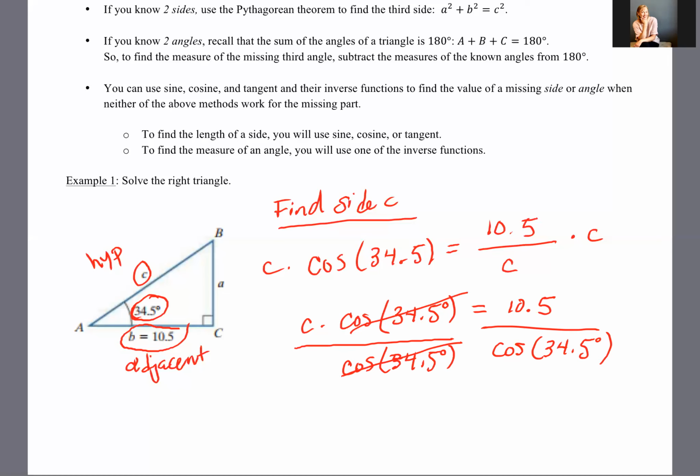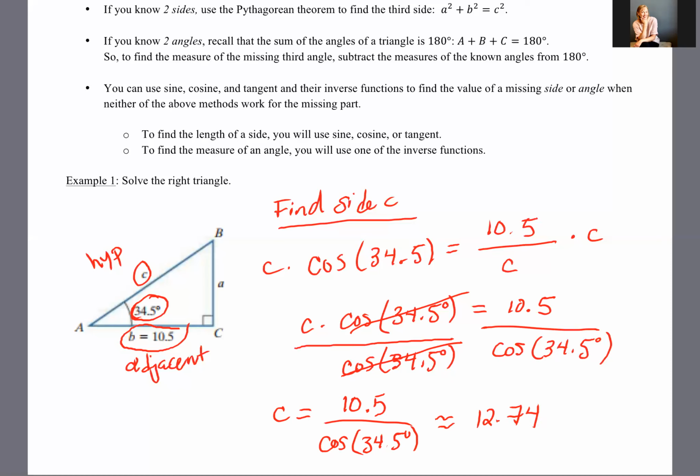So that means that C, side C, is equal to 10.5 divided by the cosine of 34.5 degrees, which if I put that into my calculator, I'm going to get about 12.74.